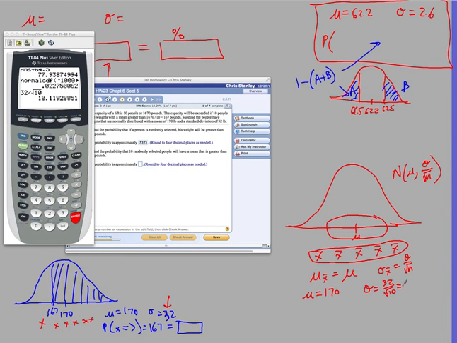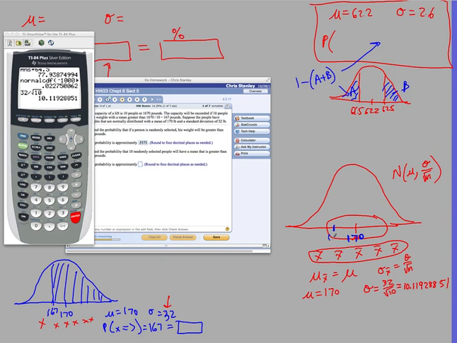You do not want to round this number. So the standard deviation is 10.11928851. Now this is the same mean, so this is going to be 170.